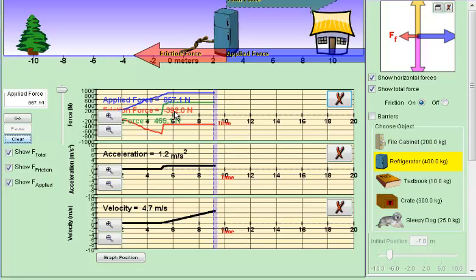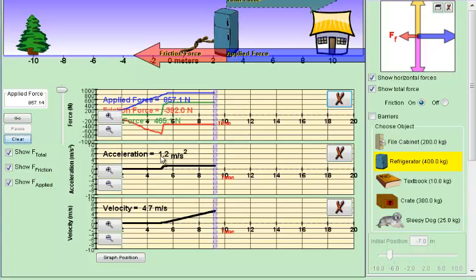Okay, 392 newtons. So that's maybe a little bit of an extreme difference between static friction and kinetic friction in this example, but typically the sliding friction or kinetic friction is less than this maximum static friction value.